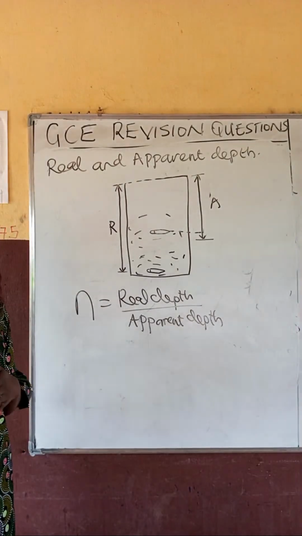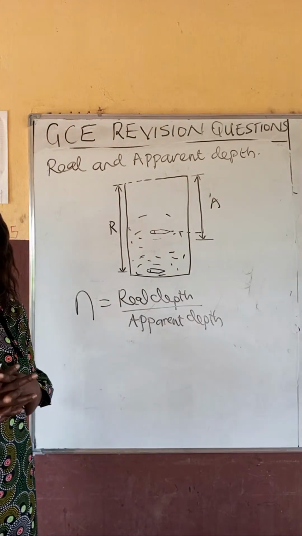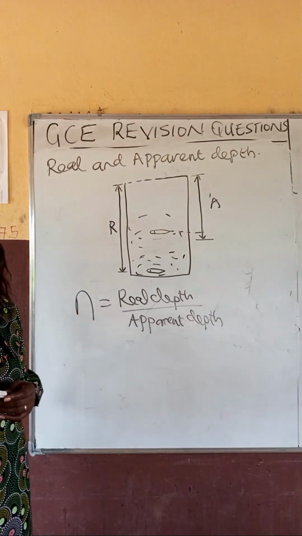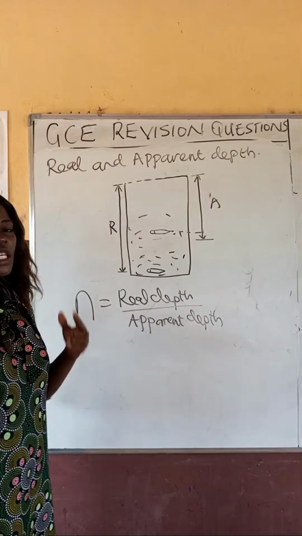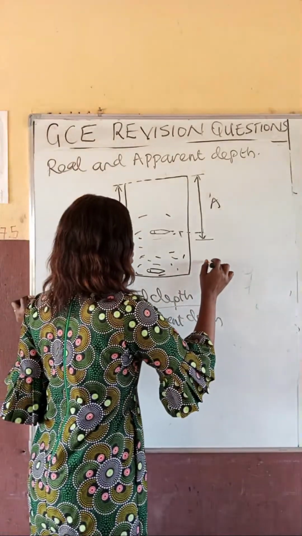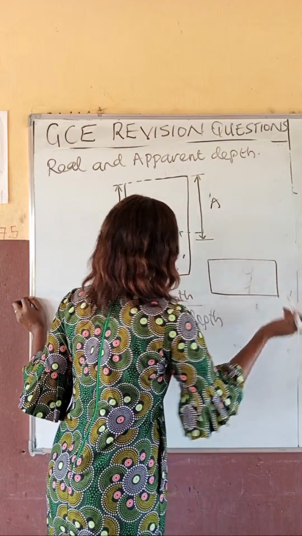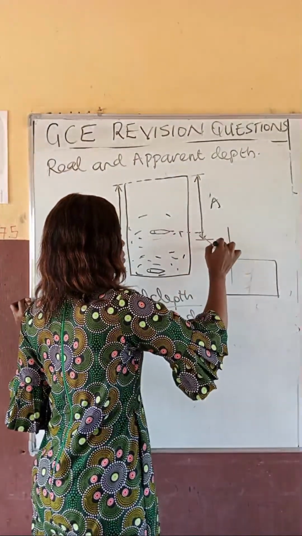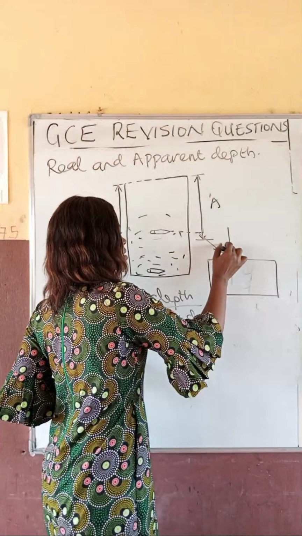Then we can also be asked to find our lateral displacement, or upward displacement. We can do that using a rectangular glass block. So I will show you how we can do that with a small illustration. I have this. Now, this is my normal. This is my angle of incidence.